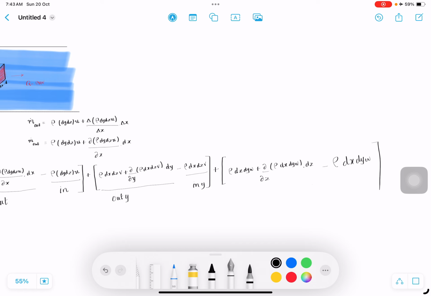This represents the quantity of fluid that is coming in along the z direction, and these terms represent the quantity of fluid that is going out along the z direction, and this will represent the gain.